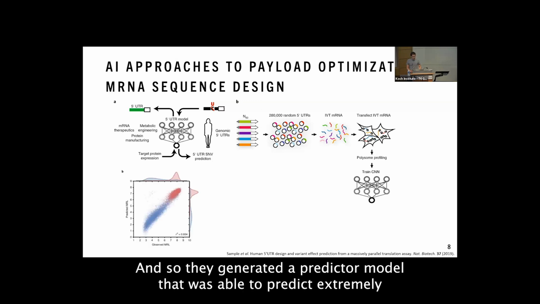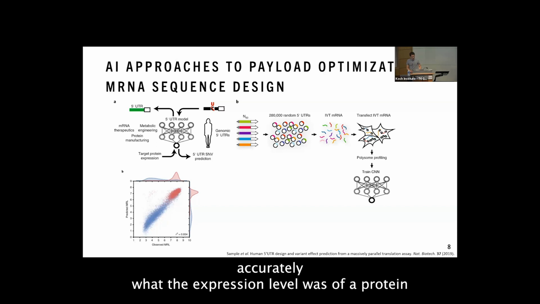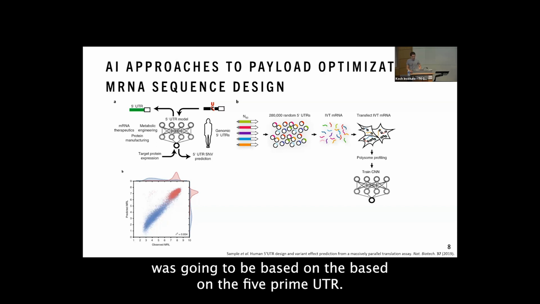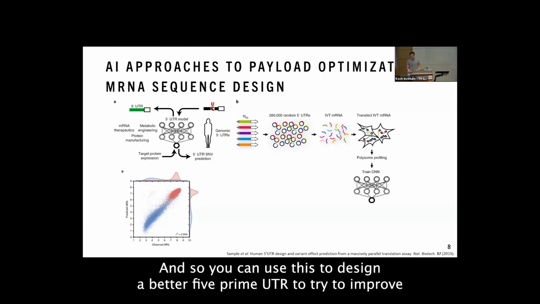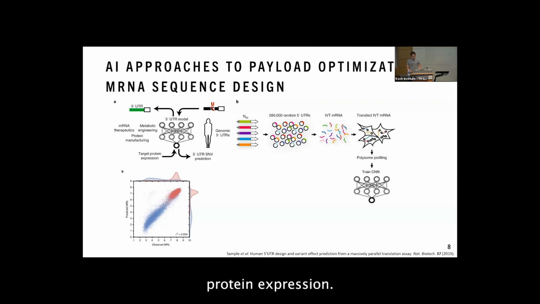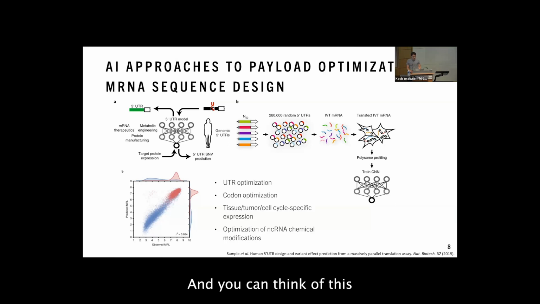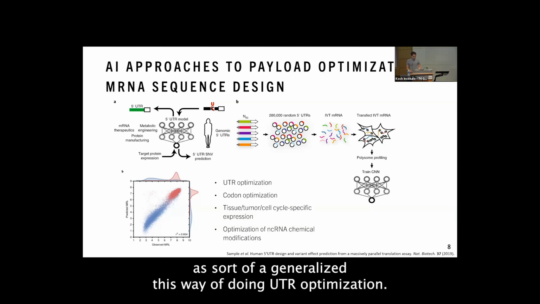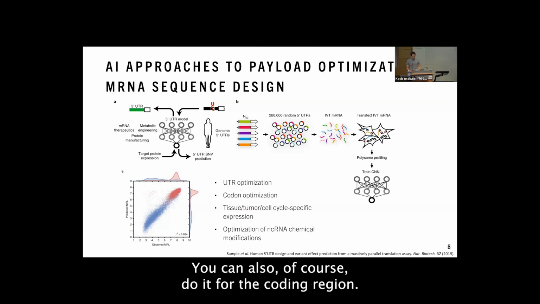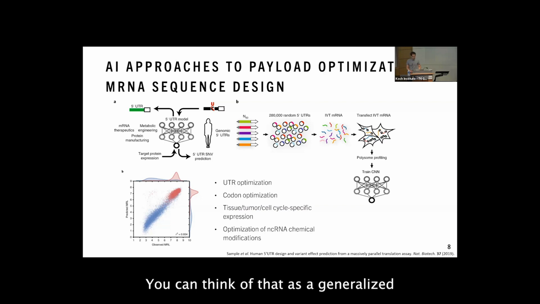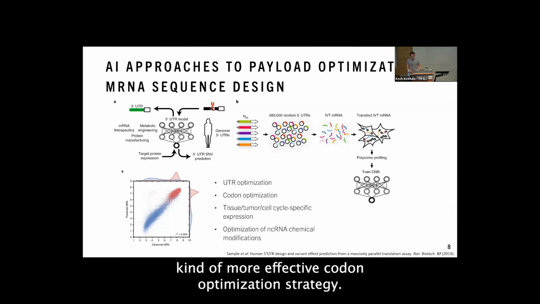They generated a predictive model that was able to predict extremely accurately what the expression level of a protein was going to be based on the 5' UTR. So you can use this to design better 5' UTRs to improve protein expression. You can think of this as a generalized way of doing UTR optimization. You can also, of course, do it for the coding region, as a generalized, more effective codon optimization strategy.